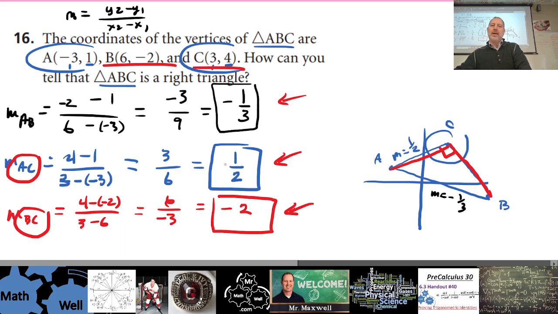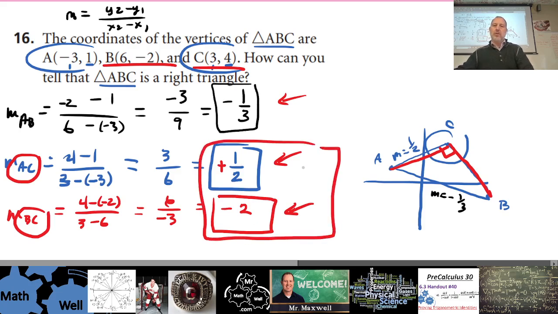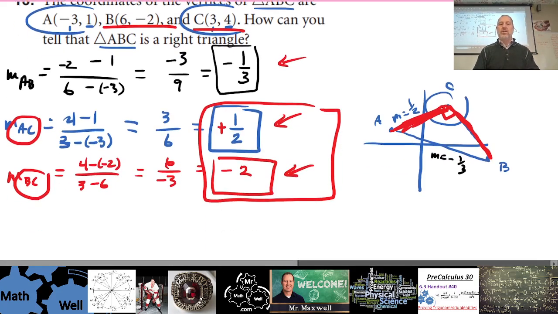That's what 2 is. And this one's positive, this one's negative. These two are negative reciprocals of each other. Therefore, the lines must form a 90-degree angle. They are perpendicular. Therefore, we can say that triangle ABC is a right triangle because it has a 90-degree angle in it.